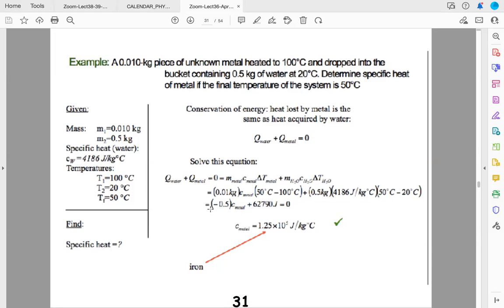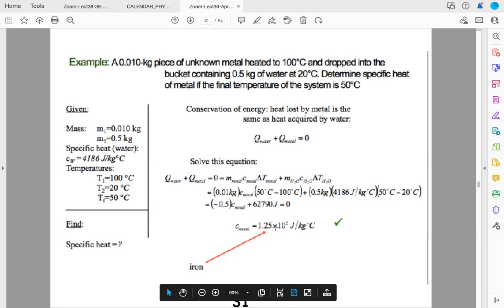If we do the calculation, we find minus 0.5 C of metal plus this big number of joules equal to 0. So now to find C of the metal is very easy because I just need to divide by 0.5. The minus and minus goes away because I bring this to the other side of the equal.